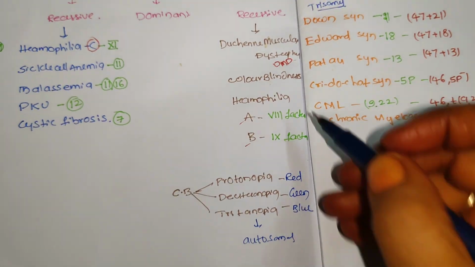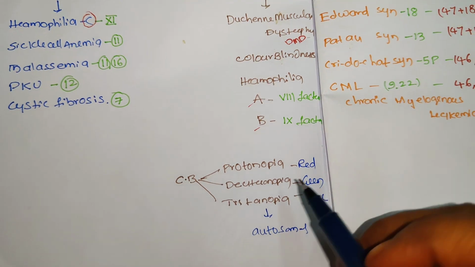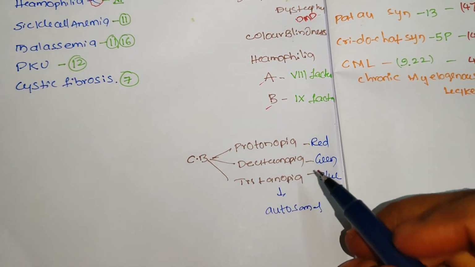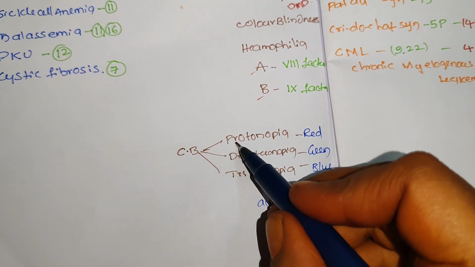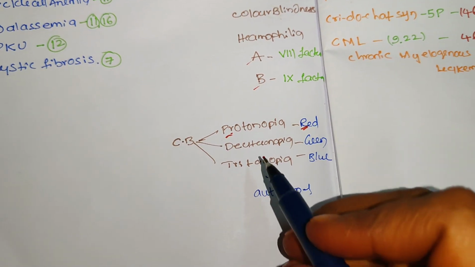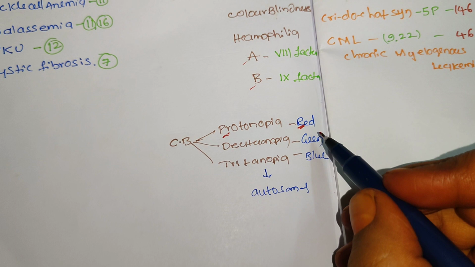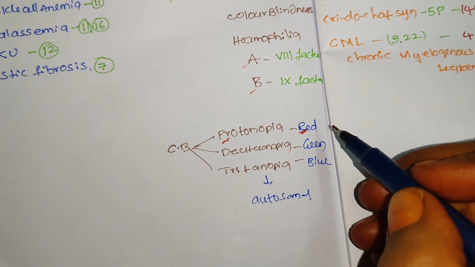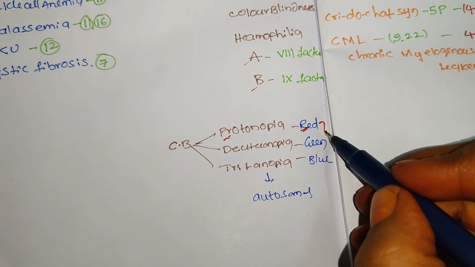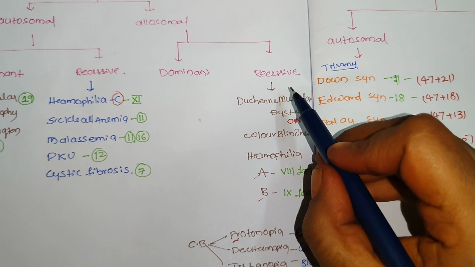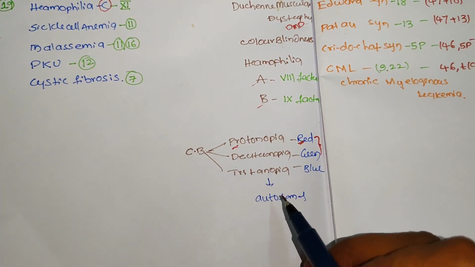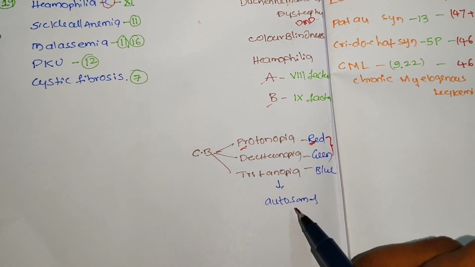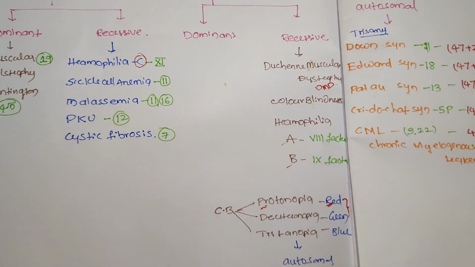In color blindness we have protanopia, deuteranopia and tritanopia. Protanopia, PR, is red. Deuteranopia, DG, is green. Tritanopia is blue. So in color blindness, red and green are allosomal recessive disorders, but tritanopia is an autosomal disorder.